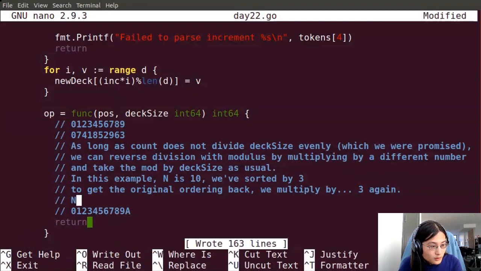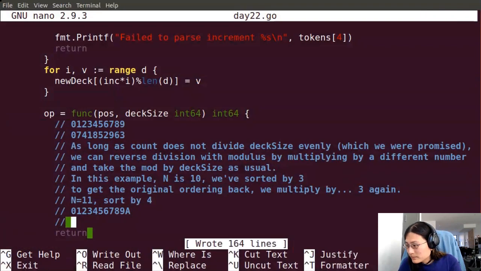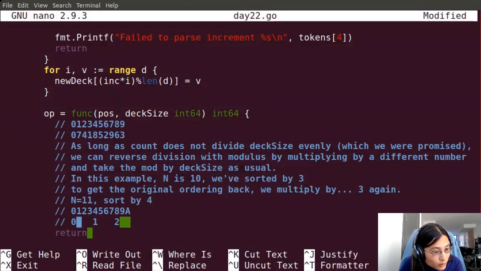Okay. There's 11 by 4. This example. Four.